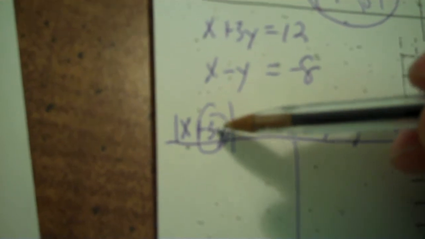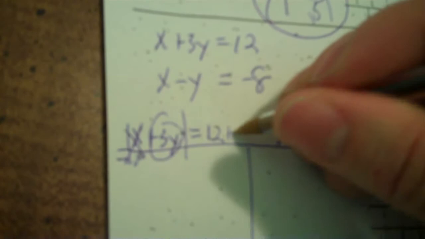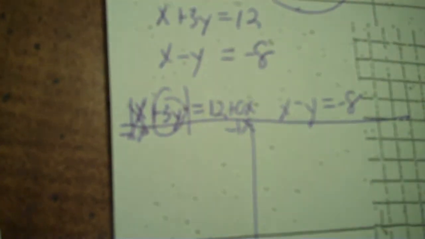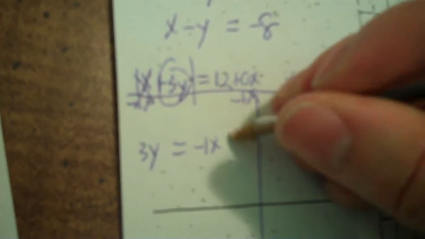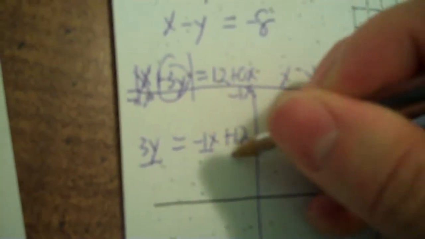Again, the whole point of changing the signs is to make the y multiplier positive. It already is, okay? But I do have to get rid of this 1x by subtracting. Then I put a plus 0x next to the 12 and subtract 1x from there. So I line up my equals, we have 3y. 0 minus 1 is negative 1x, and then plus the constant of 12. Then I divide each by 3.